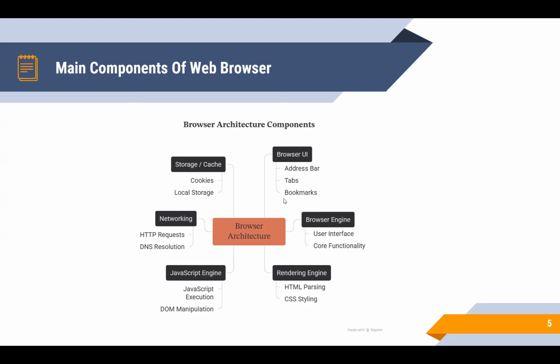After that we have the rendering engine. This is the most important part. We will see in detail what things we are using in the rendering engine. The rendering engine is basically the heart of any browser, because of the problem I told you: sometimes when we access the same application in different browsers, we get some small difference in the look and feel.